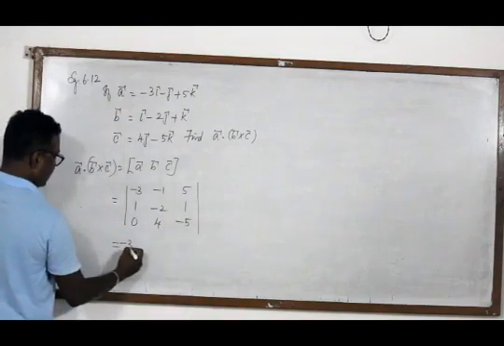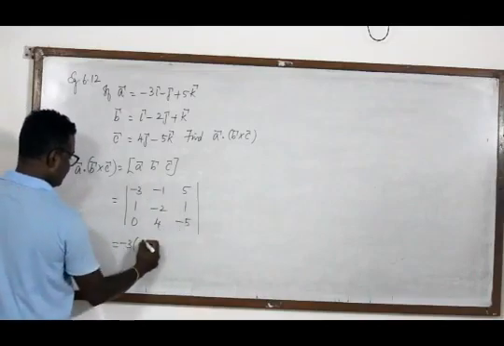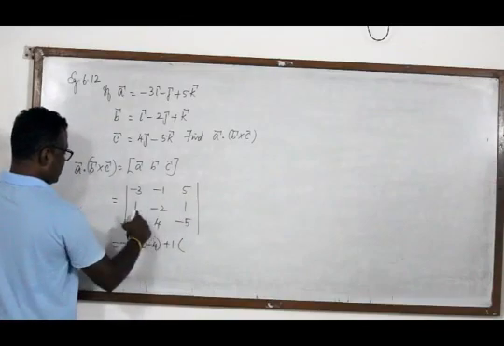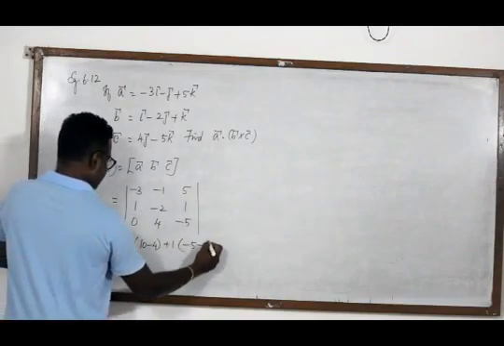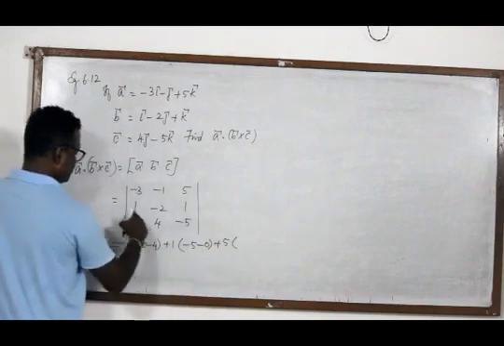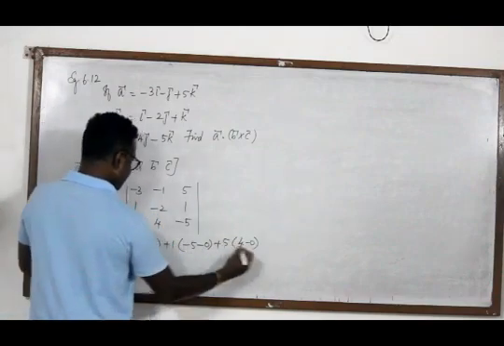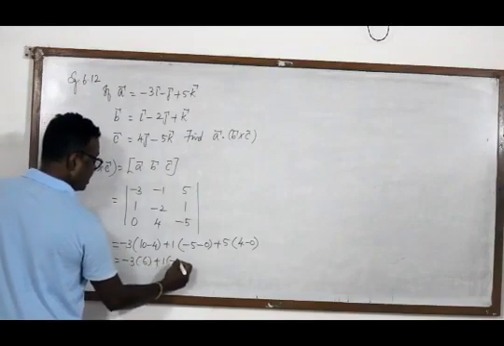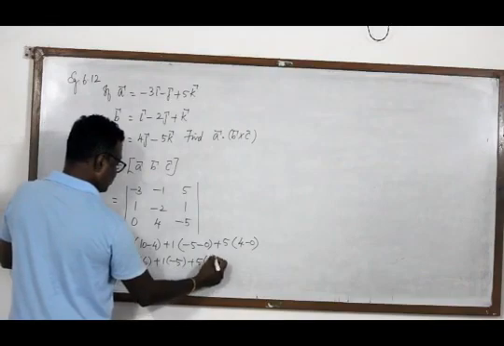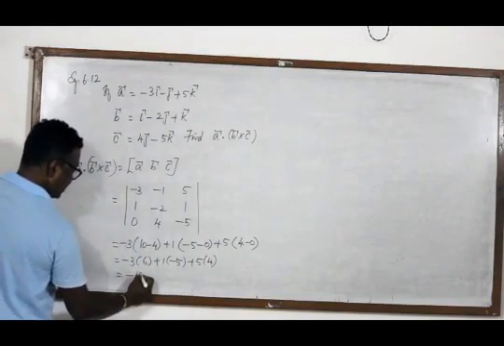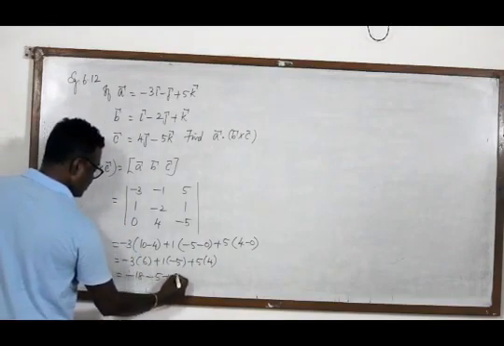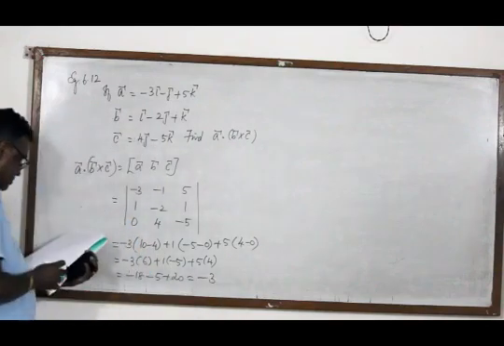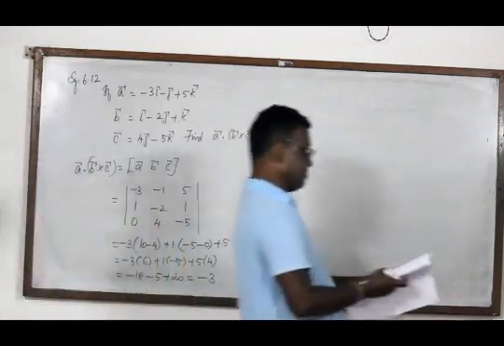On expanding, minus 3 into (10 minus 4) plus 1 into (minus 5 minus 0) plus 5 into (4 minus 0). So it is minus 3 into 6 plus 1 into minus 5 plus 5 into 4. It is minus 18 minus 5 plus 20. Minus 23 plus 20 is minus 3. So this is the first example.